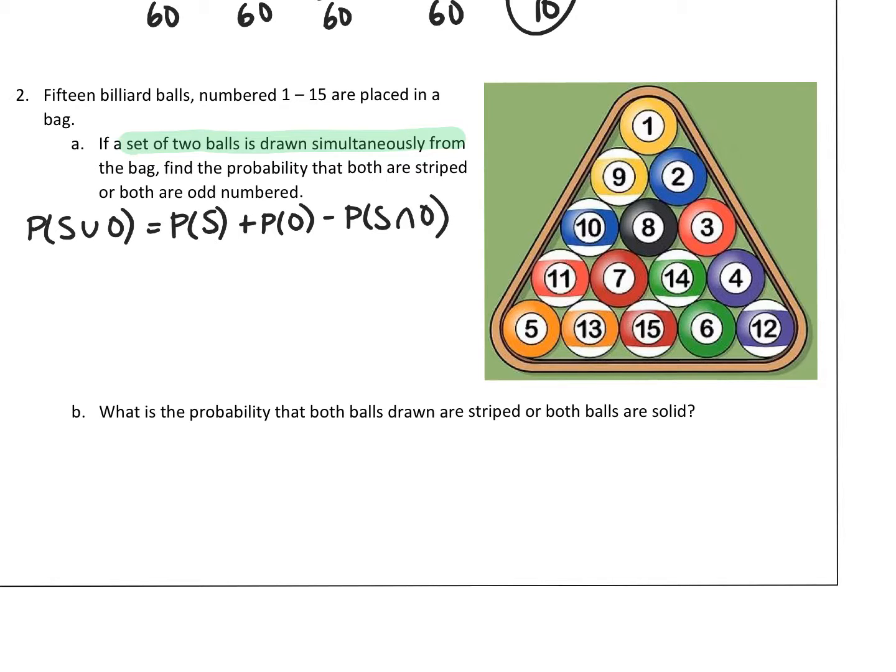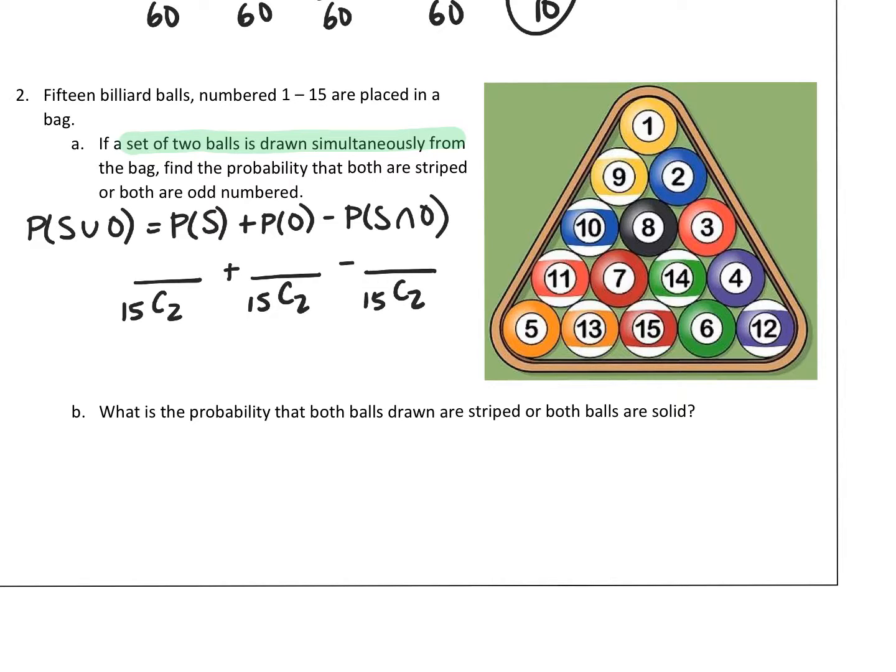So because I'm drawing 2 balls, it doesn't matter what order I get them in, I just get 2 balls out of the bag. It's a combination question, right? So if I'm looking at my denominator of my probabilities, I would say, well, how many ways can I choose 2 balls out of these 15 balls that are in the bag? Well, if it's a combination question, it'll be 15C2.